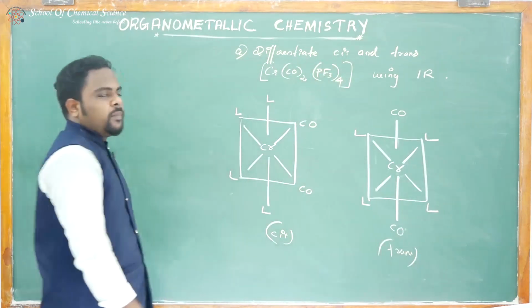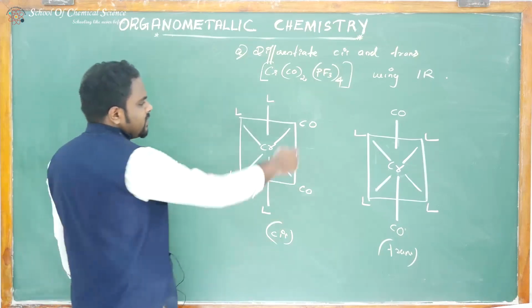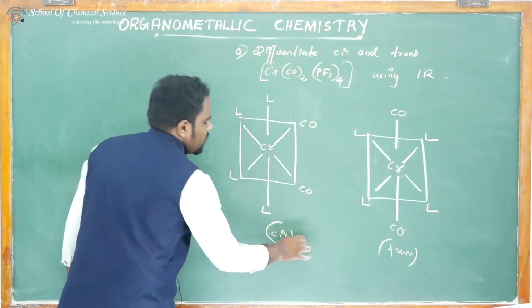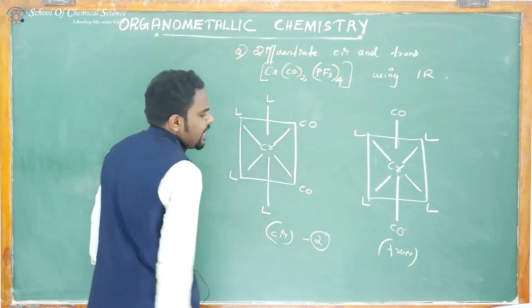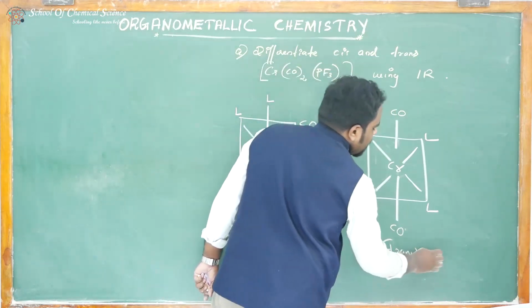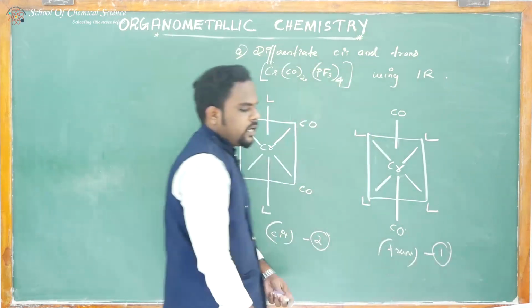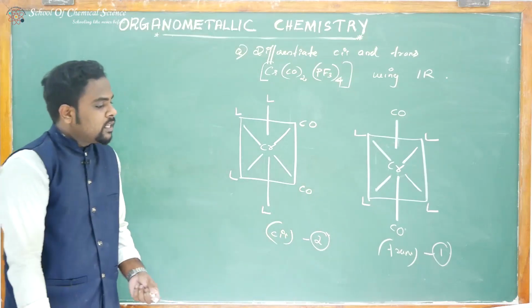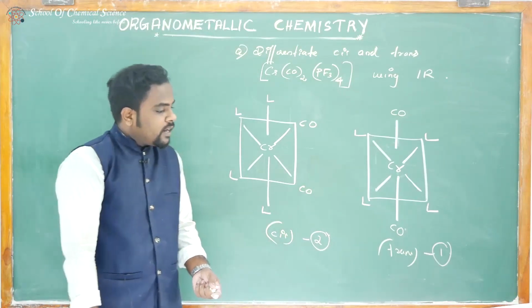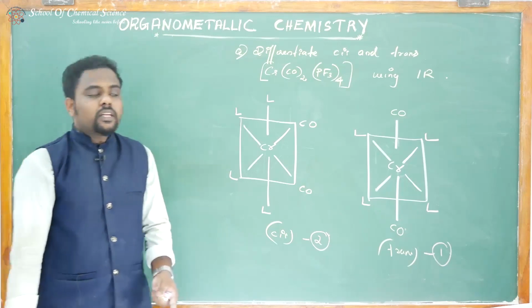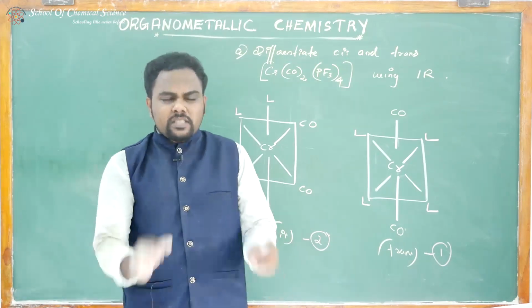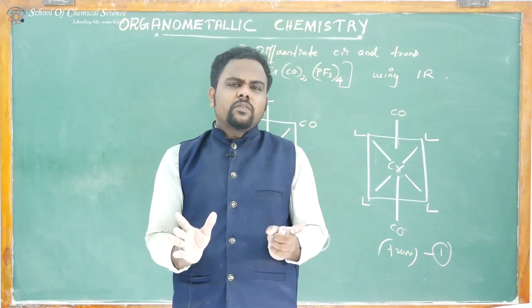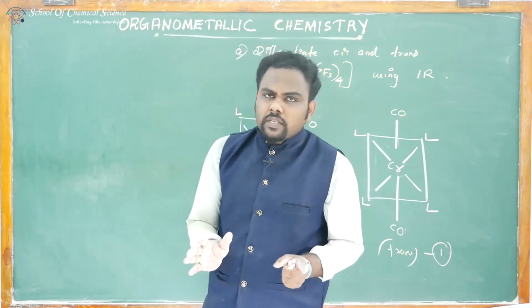Now you can predict the number of IR bands. Here it is bend. Cis means bend, so 2 IR bands, and trans means linear, only one IR band. For cis, 2 IR bands, trans, 1 IR band. So you can differentiate based on the number of IR bands. So it's a very important topic. You can expect a question from organometallic chemistry.